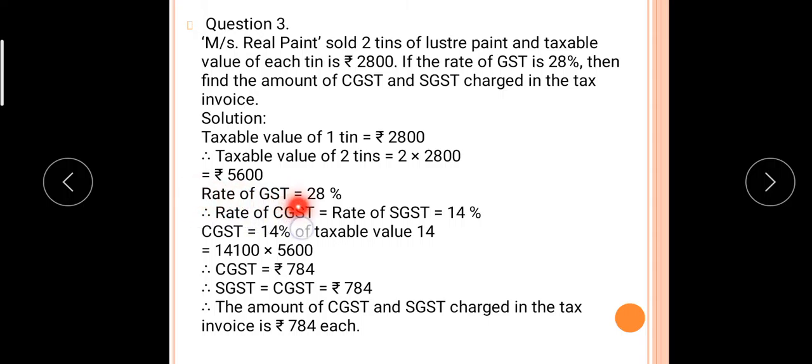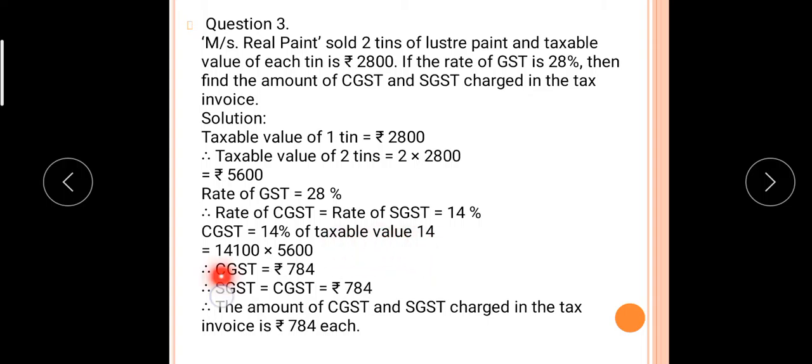Now rate of GST is 28%. Obviously if it is 28%, what is CGST and SGST? Because they are asking about the CGST and SGST. So CGST and SGST is equal to 14%. So 14% on taxable value.